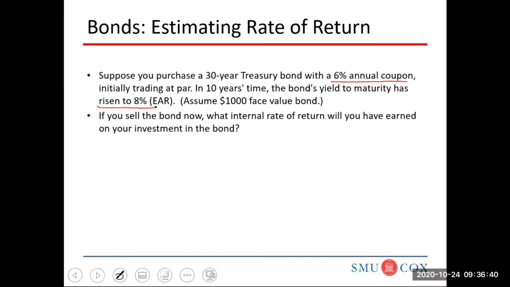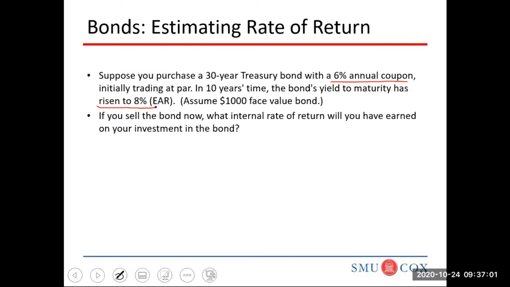At the beginning, when this bond was issued, its yield to maturity was 6%. And then it rose to 8% in year 10.